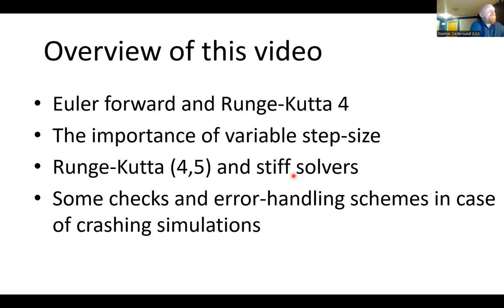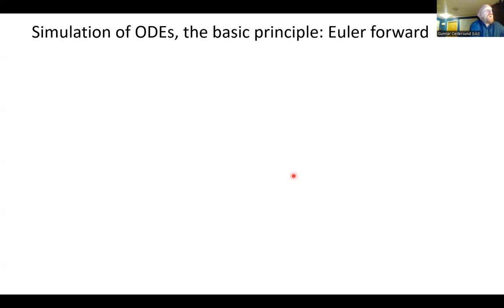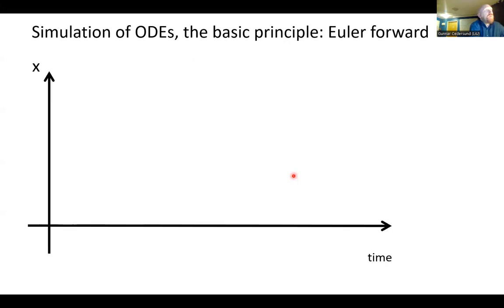So let's jump in. So we have an ODE, and we want to use the most basic way of simulating it, Euler forward. So we have the ODE, and we have a starting place, x of time equals 0 equals x0. So we know we should start here. And the question is, how do we move on? Well, the only thing we really have is this, but this is a very good thing, because this is the derivative.